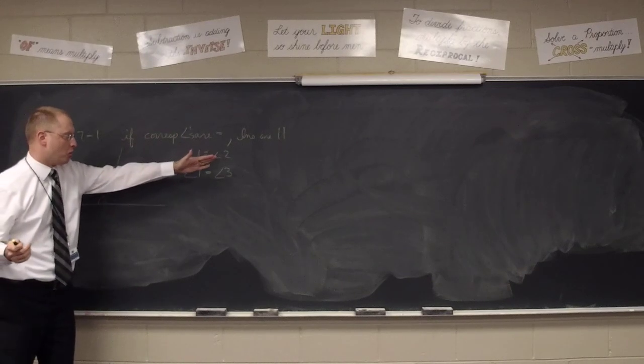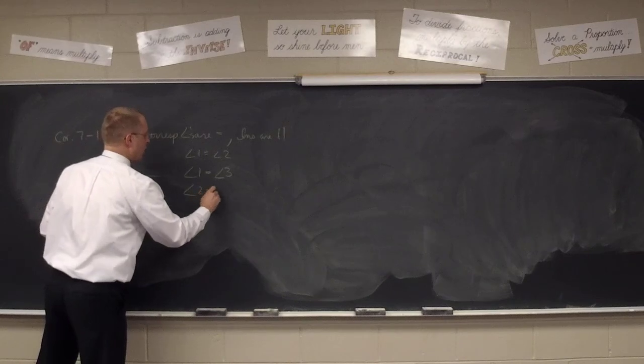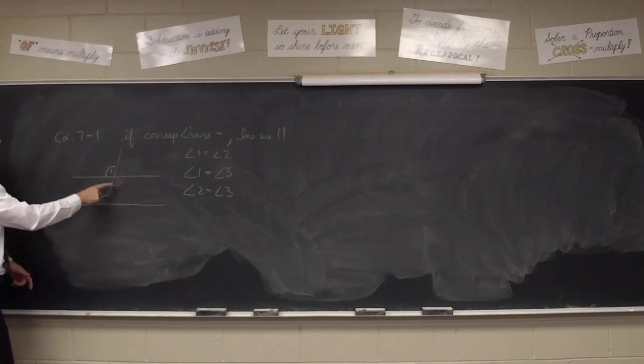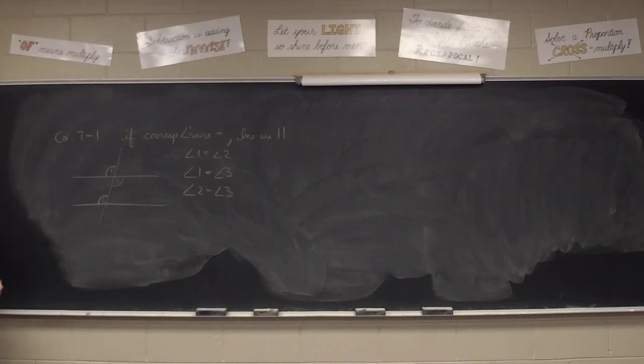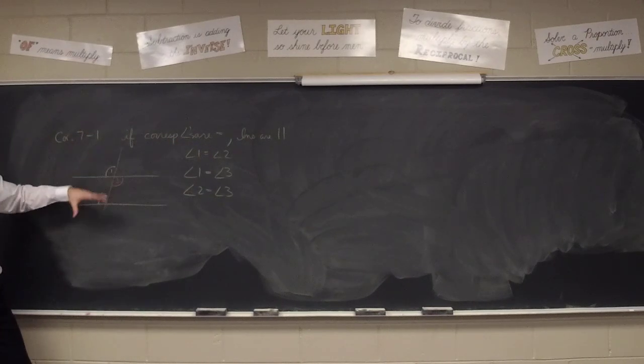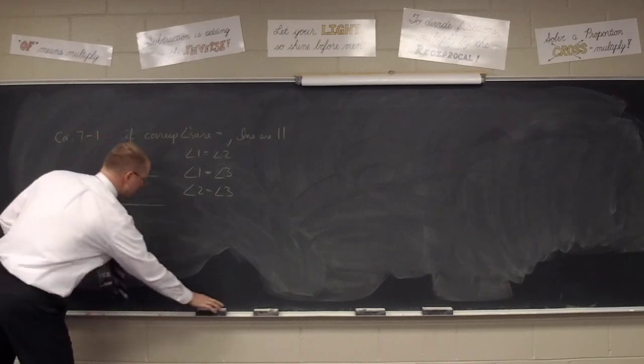Well, if 1 equals 2 and 1 equals 3, class, then 2 equals 3. What kind of angles are 2 and 3? Alternate interior angles. And we just proved if alternate interior angles are equal, class, parallel lines. So therefore, the lines are parallel. If corresponding angles are equal, because through vertical angles you get alternate interior angles equal. Make sense?